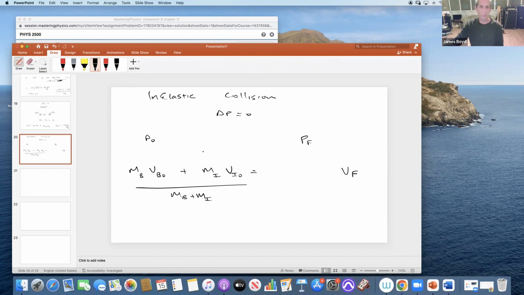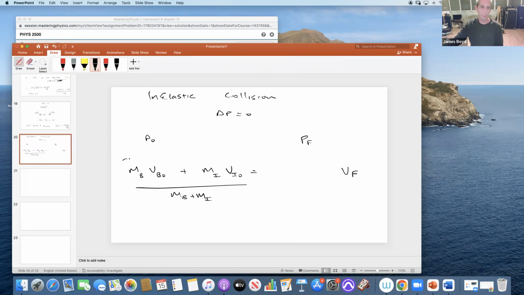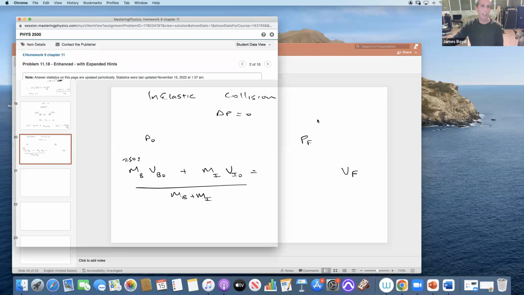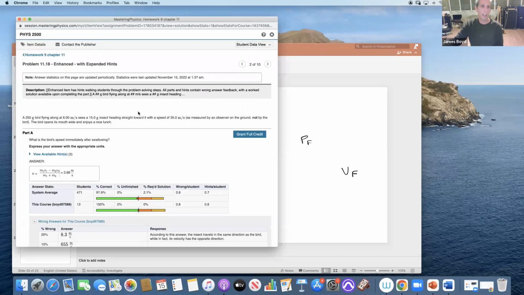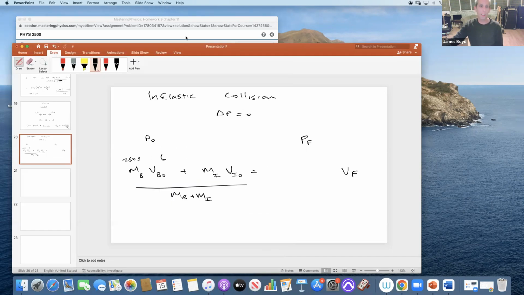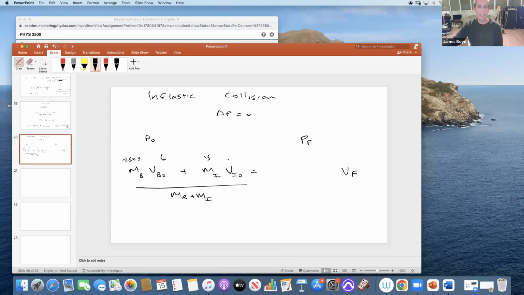I have to be careful about the signs on my velocity. So it says a 250-gram bird is flying at 6 meters per second, flies at an insect heading straight toward it at 35. Okay, 15 grams, and it's heading towards it.